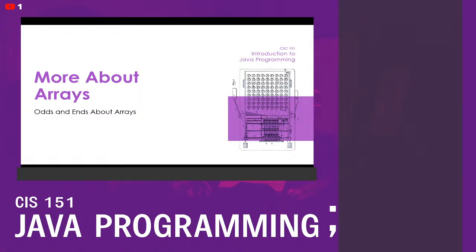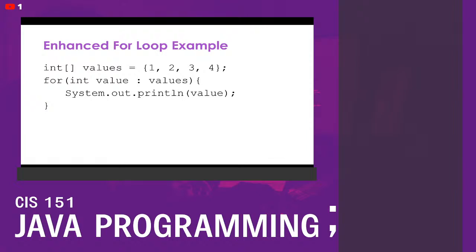So let me just show you that enhanced for loop example here on the screen, nice and big. And remember that the difference between these is that we're just reading the values in our array. In this enhanced for loop, we cannot change the values in our array, but we can read them. We've already seen this example.